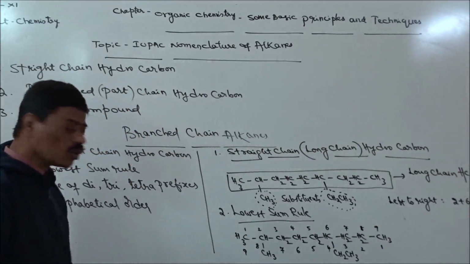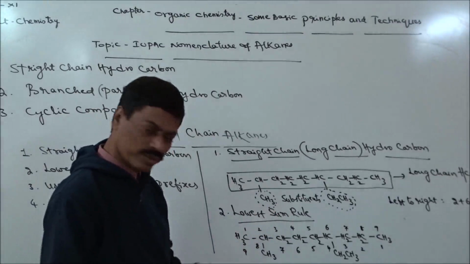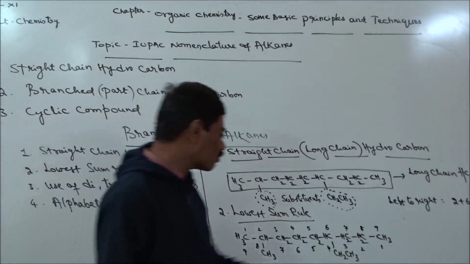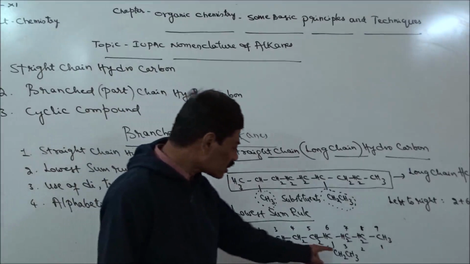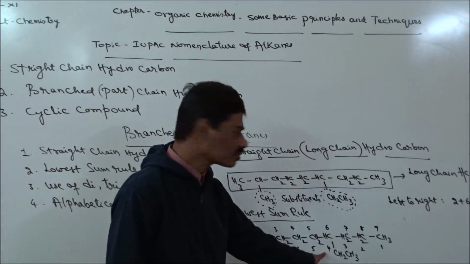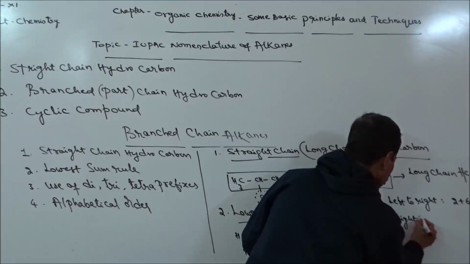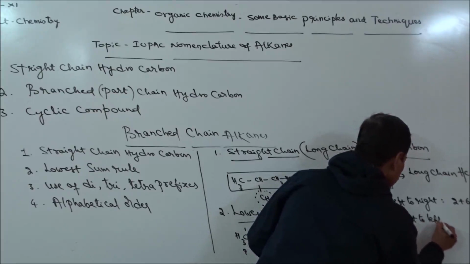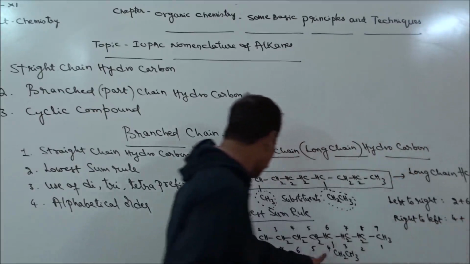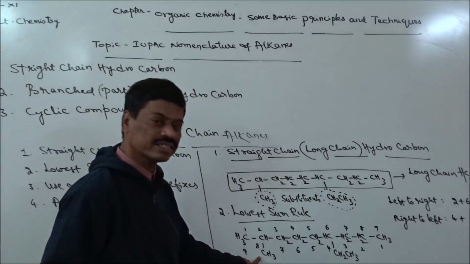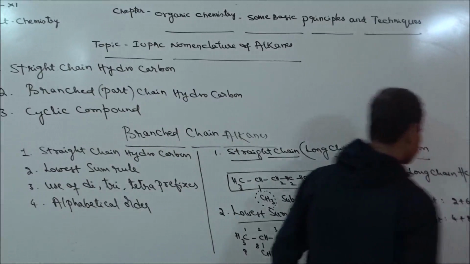Now, if we move to case 2, in the same compound, where we have given numbers from right to left, then the position of this ethyl group is 4, plus the position of this methyl group is 8. So 4 plus 8, that is equal to 12.